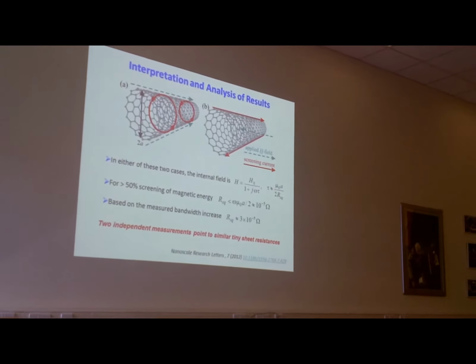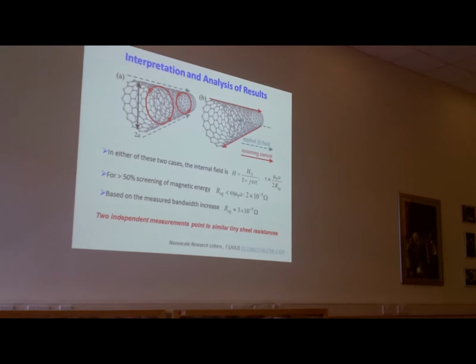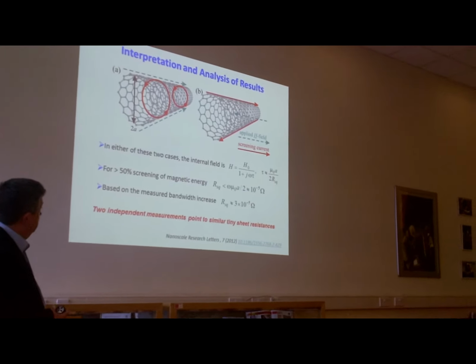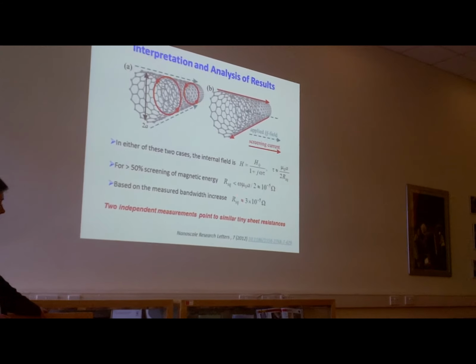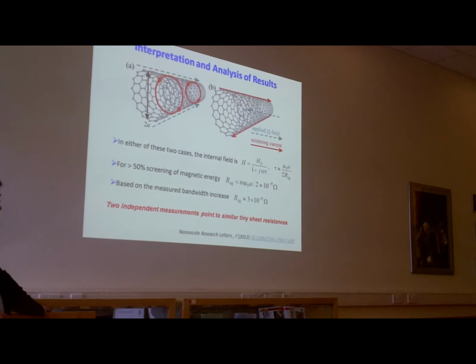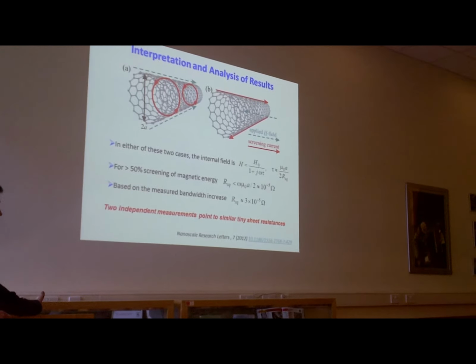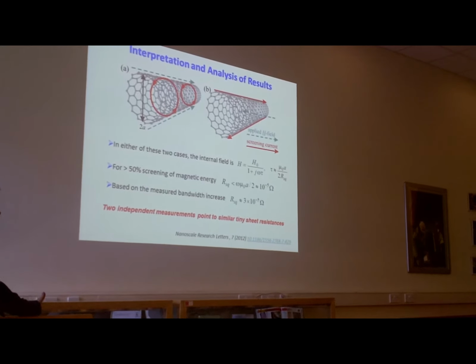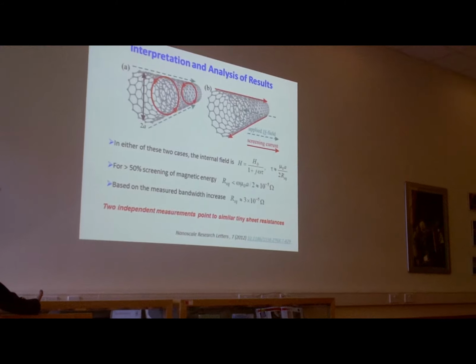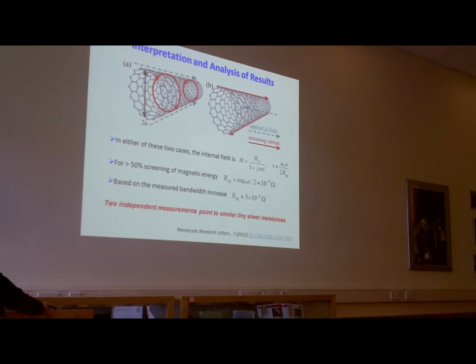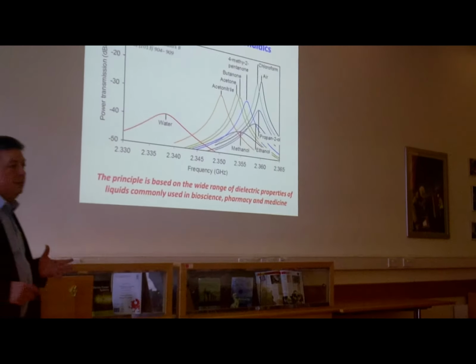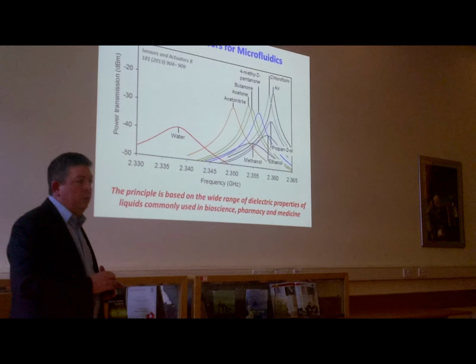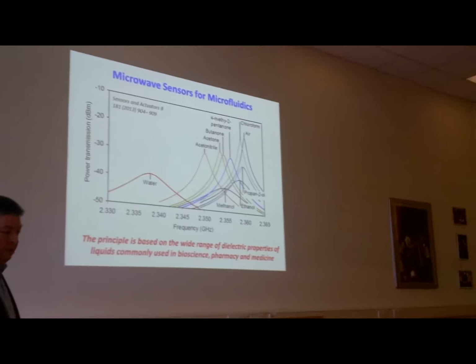So you can take two parameters here. One is the frequency shift, and you use that to work out the sheet resistance. The other is the broadening of the bandwidth, and you use that to work out the sheet resistance. Both of those results point to sheet resistances of the order of 10 to the minus 5 of an ohm. So what we're concluding here, which people know anyway, is that these carbon nanotubes, when conducting, are basically ballistic conductors. Their sheet resistances are unimaginably small.